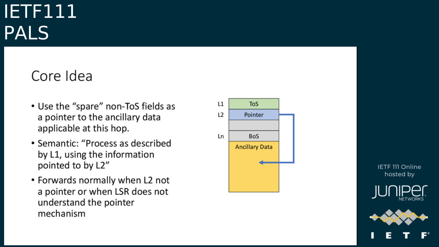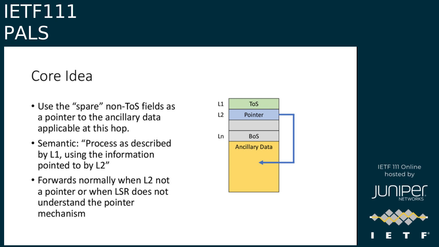So the core idea is to use some spare bits, in inverted commas, in a non-top of stack field as a pointer to the specific ancillary data that is to be used at this hop. So the semantic is: forward according to the top label L1 using the assistance of the information pointed at by the pointer label L2.